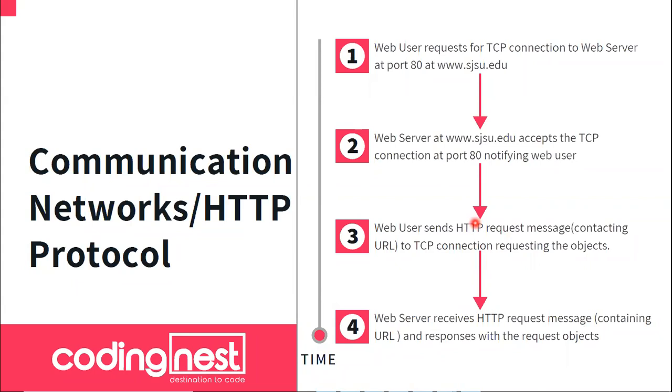So this is how it works. First and foremost, we have to create a connection between a client and a web server. Once that connection is established, we request a particular object using a GET request or a POST request. Then your web server responds back, normally with HTML code.